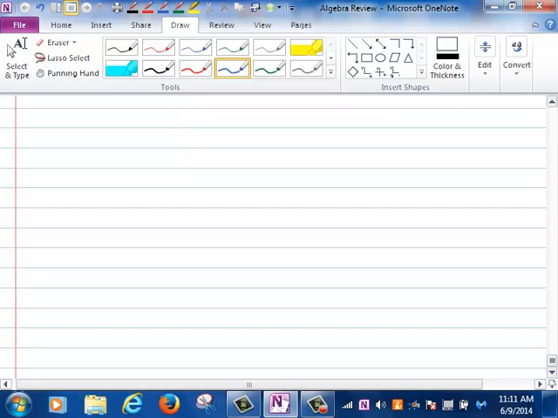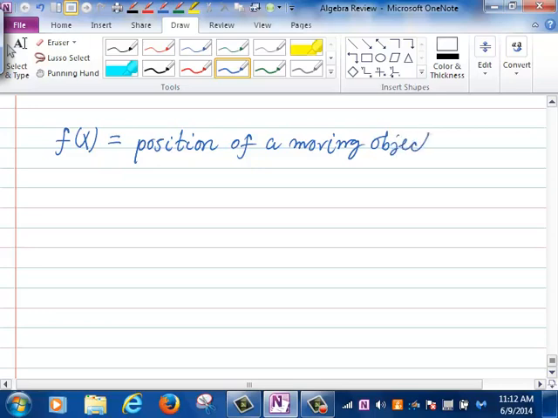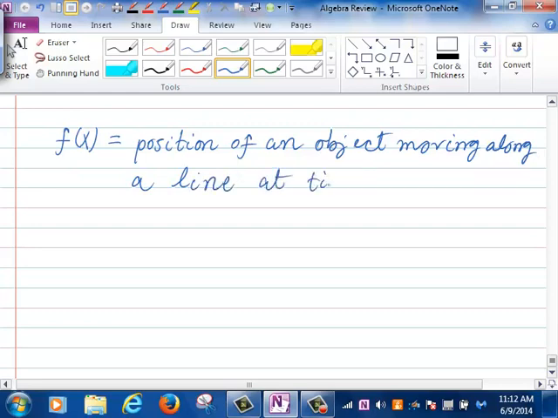Suppose that f of x is the position of an object moving along a line at time x.